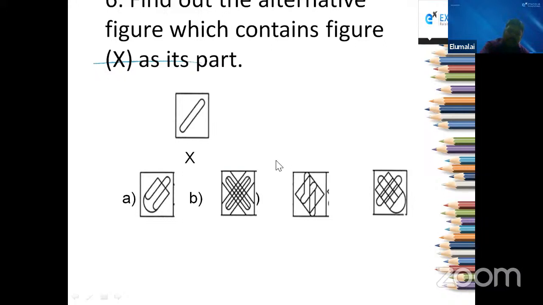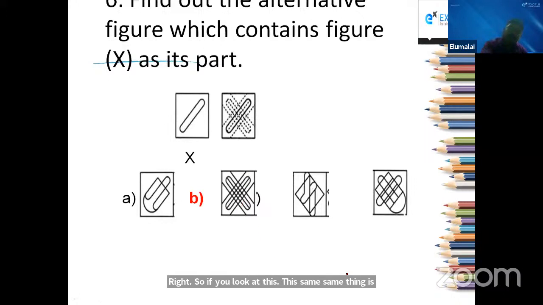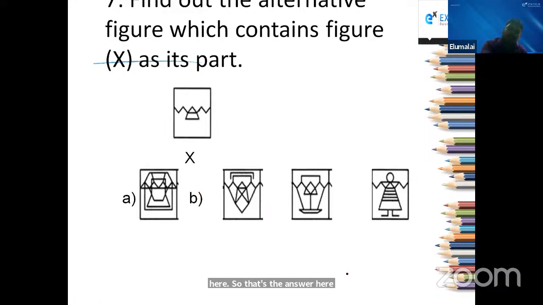Very good. So everyone has answered it correctly. If you look at this, the same figure is here, isn't it? So that's the answer here. Good. Now answer this question. Previous one.